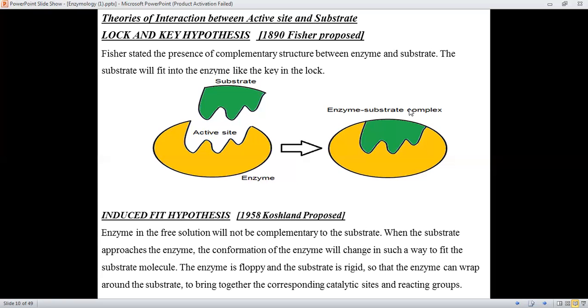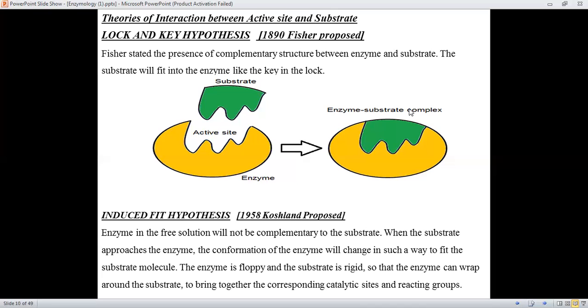So later on, this hypothesis could not fit with all the enzymes because certain enzyme structures are different for their specific substrate. So in order to address that, the next theory was proposed by Koshland in 1958, which is called the induced fit hypothesis. Enzymes in free solution will not be complementary as such to the substrate, but when a substrate approaches the enzyme, the conformation of the enzyme will change in such a way that it just fits the substrate molecule.